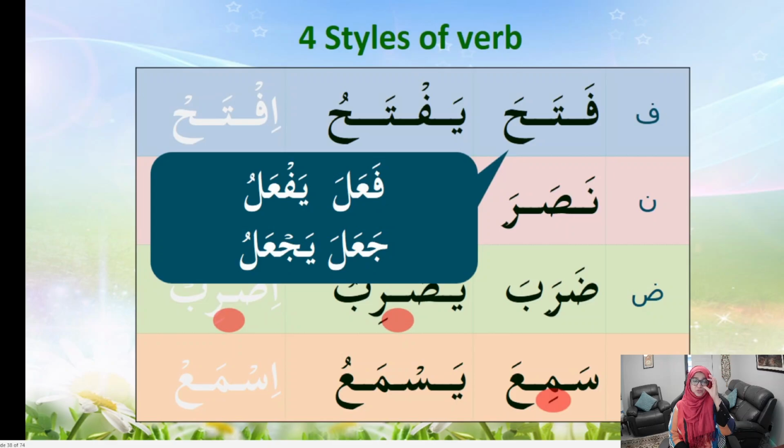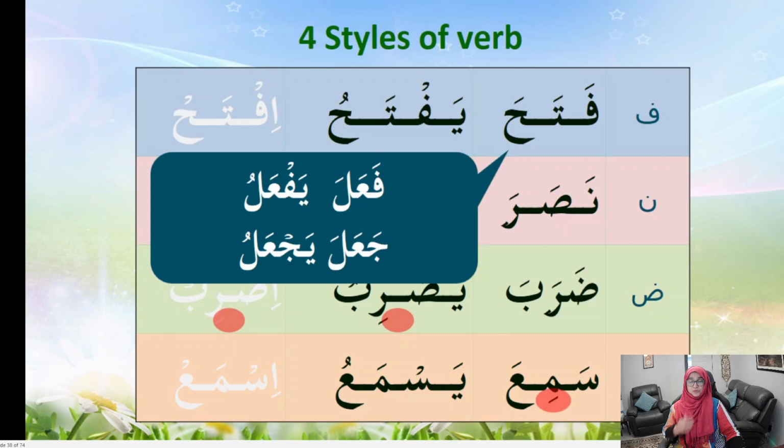Okay. So now you have to compare the madi and mudari'. Fataha, he opened. Yaftahu, he opens or he will open. This is the difference. Fataha, yaftahu. Same as fa'ala, yaf'alu. Same as ja'ala, yaj'alu.